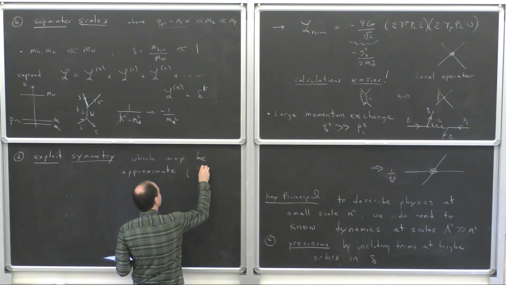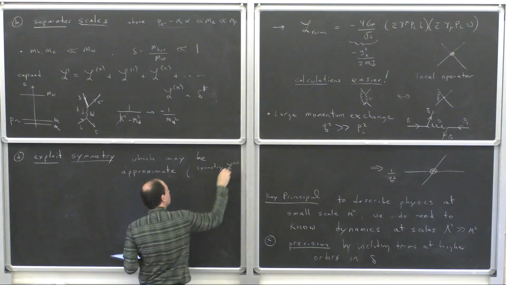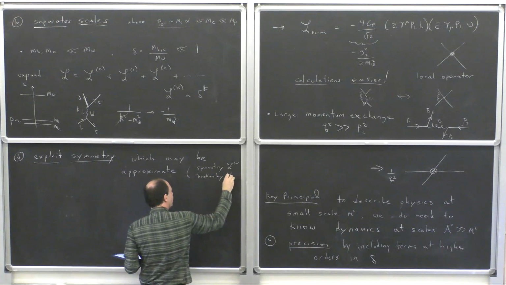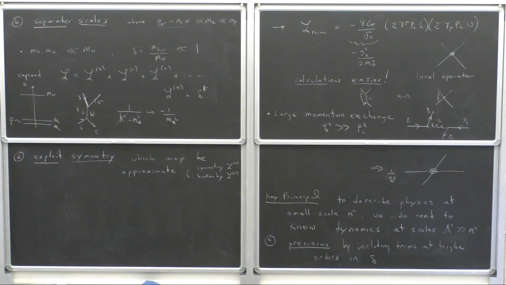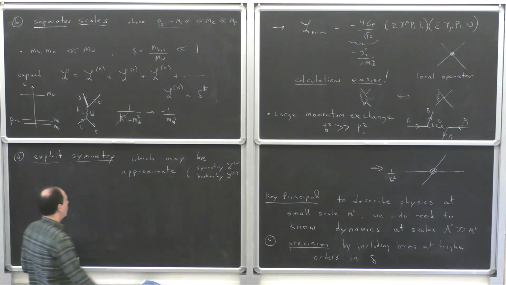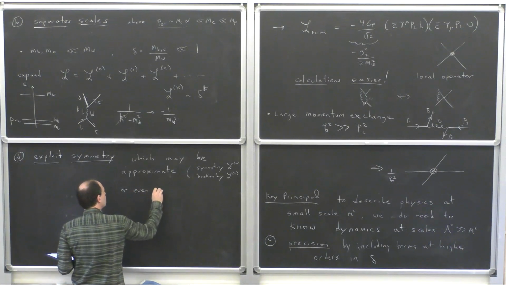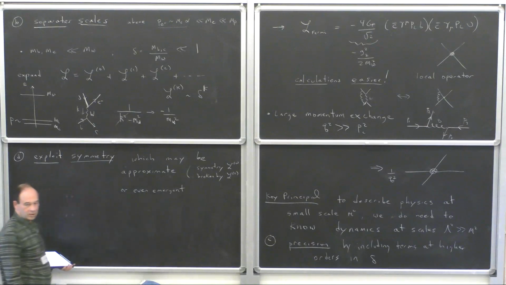So symmetry of L0 broken by L1 is sort of a common situation. And that's what I mean by approximate. Or even emergent. What does emergent mean?